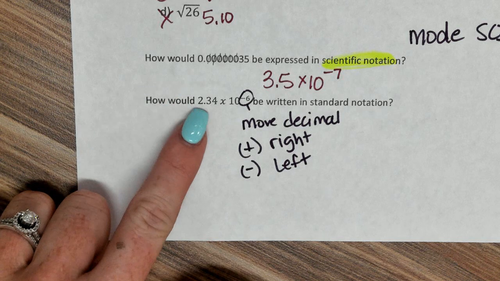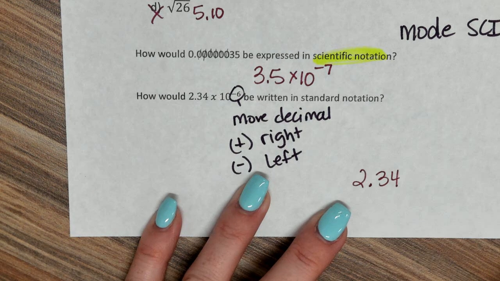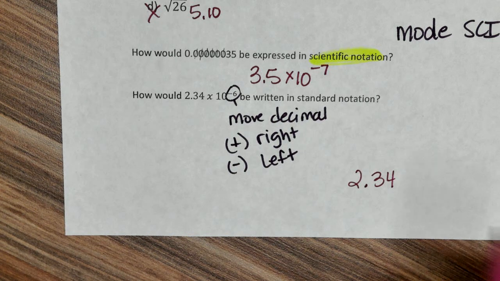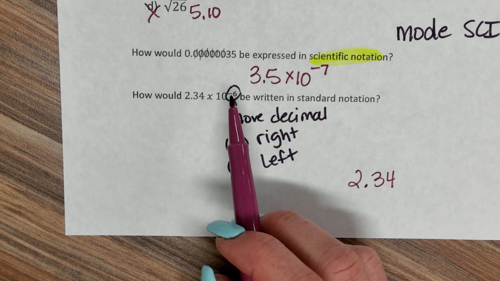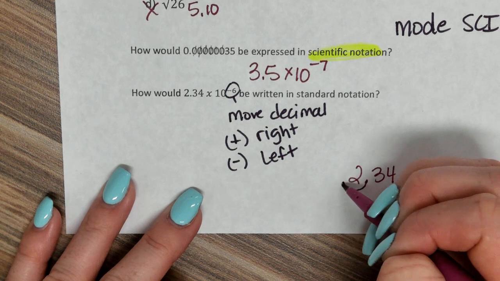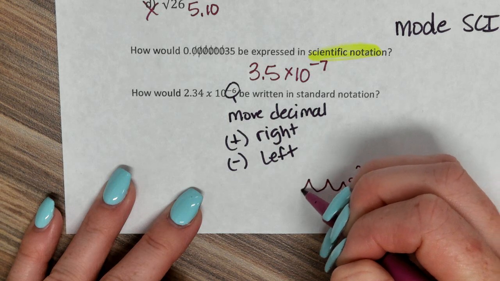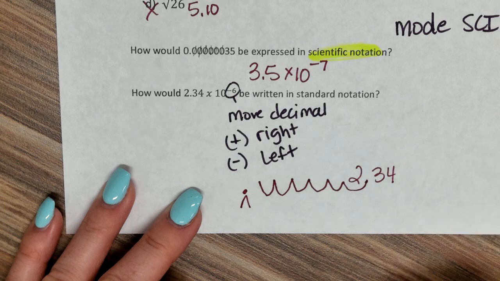Okay, so I'm going to rewrite 2.34. How many times am I going to move the decimal? 6 places. Since it's negative, I'm going to go to the left. 1, 2, 3, 4, 5, 6. This is my new decimal.